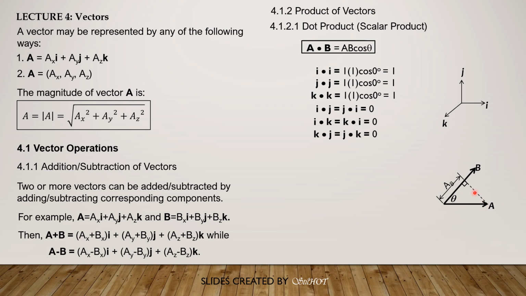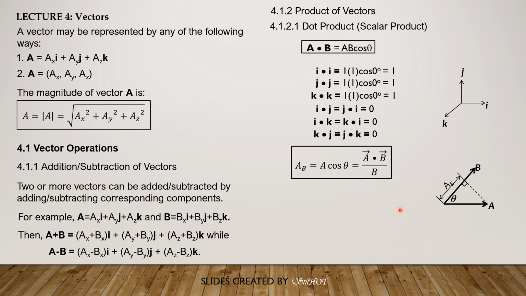If you treat this as a right triangle, then A sub B is simply the hypotenuse, which is the magnitude of A, times the cosine of the angle between them. So A sub B is A cosine theta, and from this formula, A cosine theta is A dot B divided by the magnitude of B.